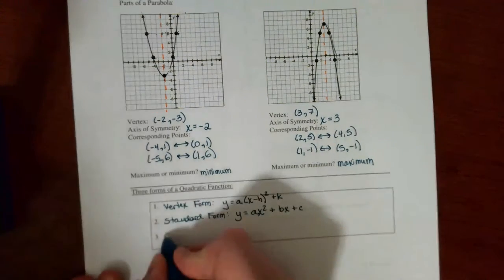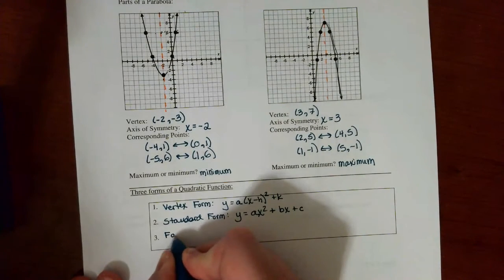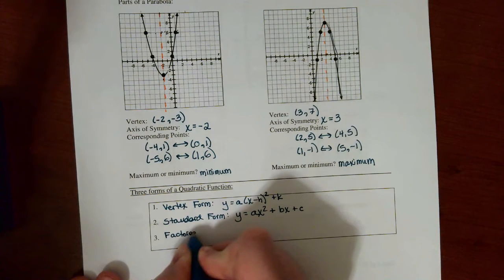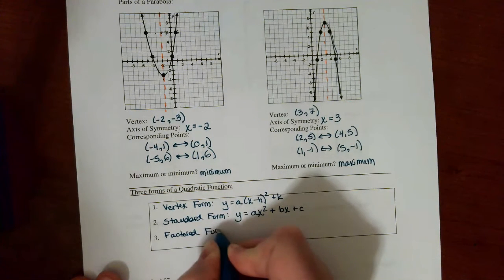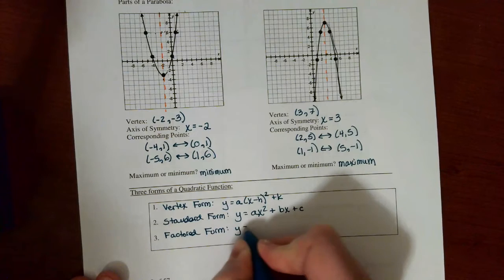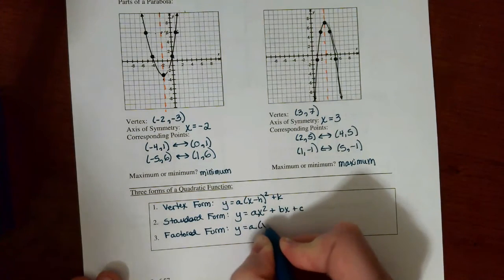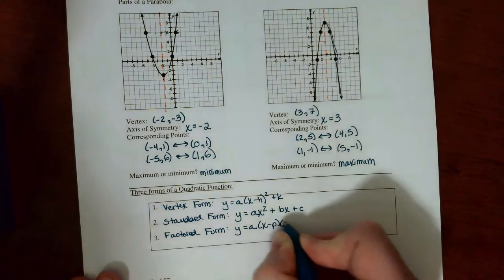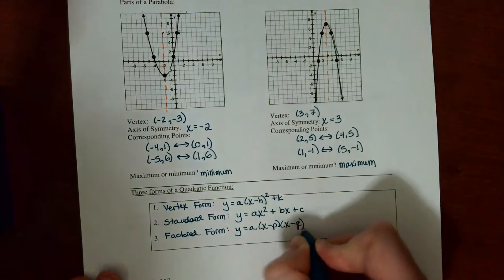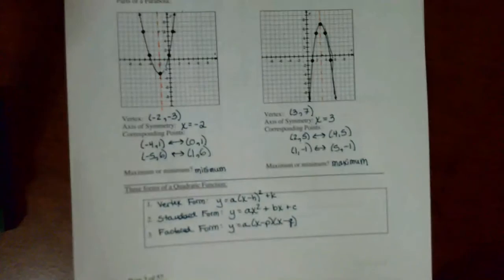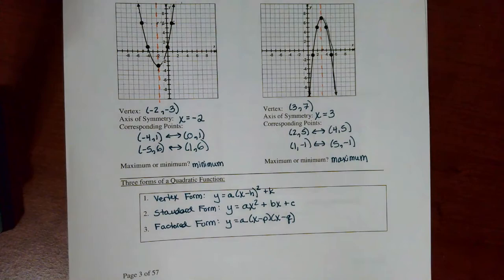And our final form is called factored form. And factored form is y equals a times x minus p times x minus q. And this entire week, we're going to look at parabolas in these 3 different forms, talk about why each form is important, what information each form tells us, how to graph from each form. Take a moment, get that copied in your notes.